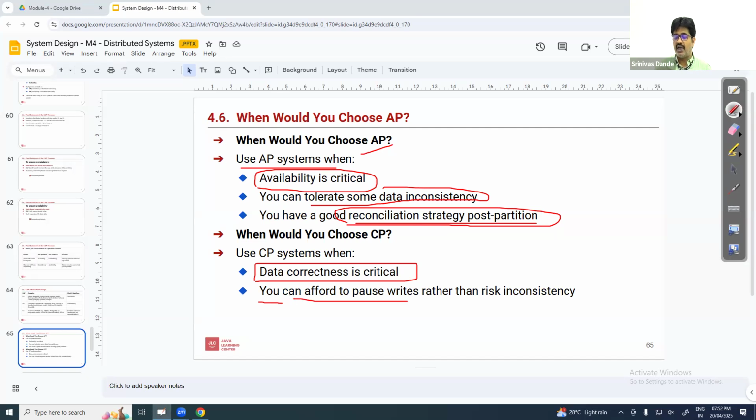I can afford to pause writes rather than risk inconsistency. I don't want to risk consistency here. I don't want inconsistent data. If required, I will pause the operations for some time, meaning I may make it unavailable, no problem. But correctness is critical. In that case you choose C.